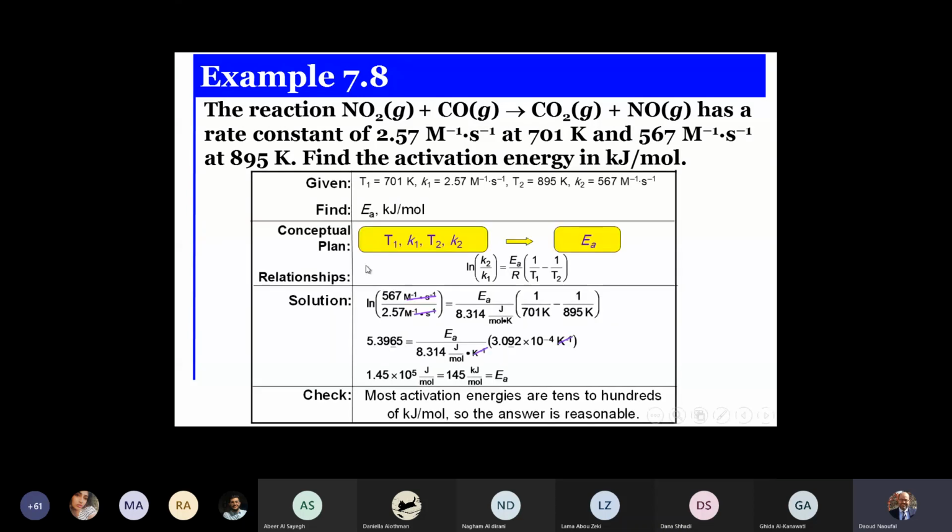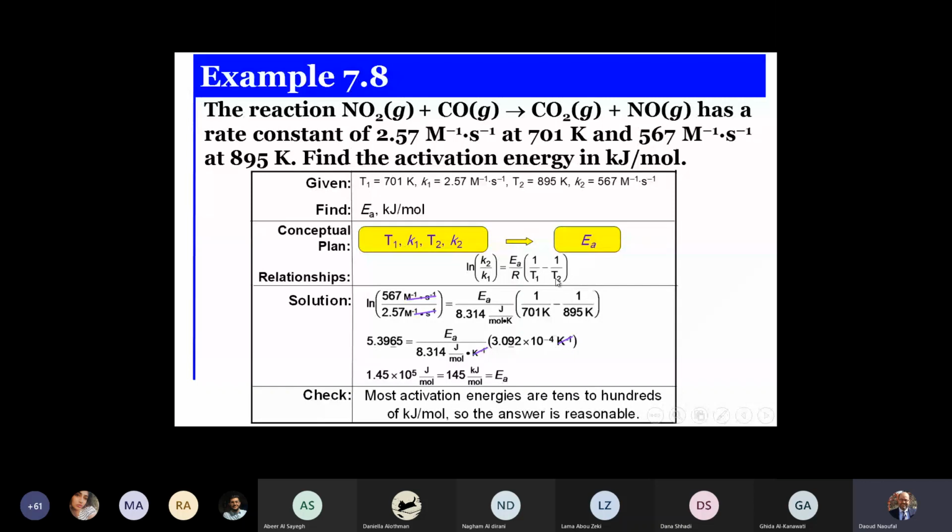So at T1, 701 Kelvin, you have K1, and at T2, you have K2. You apply the relation: ln K2 divided by K1 equals minus EA divided by R times (1 over T2 minus 1 over T1).